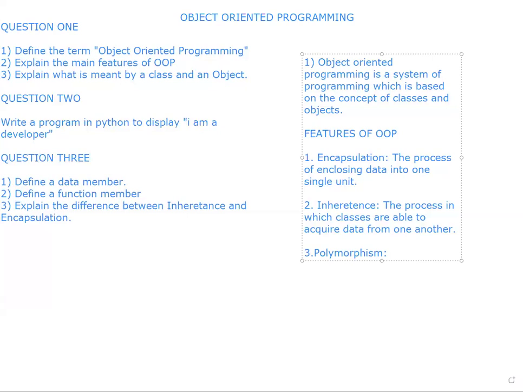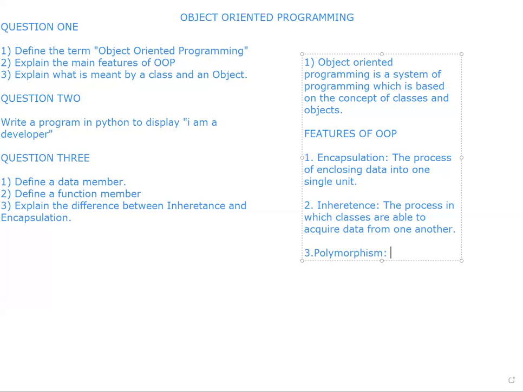So the next feature that is there in object-oriented programming is known as polymorphism. When you look at this word, polymorphism, there's this term poly. Poly in English means many, as in polygamy, many wives. And then morphism means forms. So polymorphism means many forms.